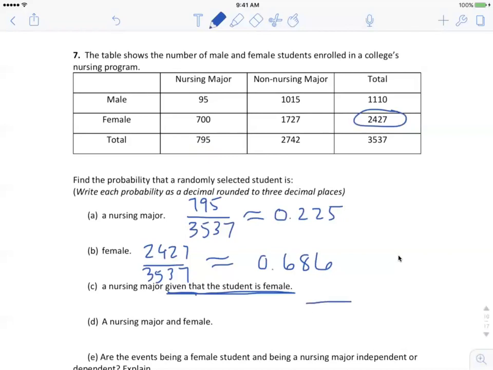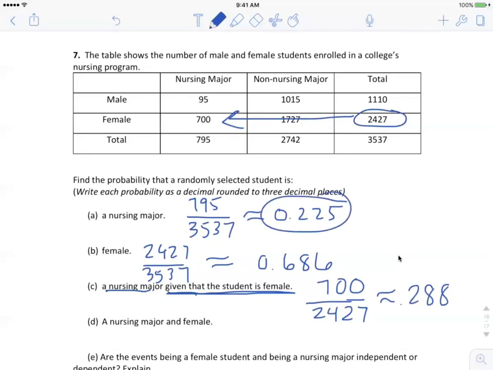That is going to be your denominator. And then of those 2427, how many of them are a nursing major? So stay within that row, and it's 700. Calculator, your turn. 700 divided by 2427. And we got 0.288.